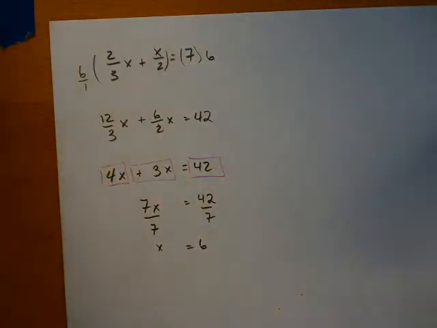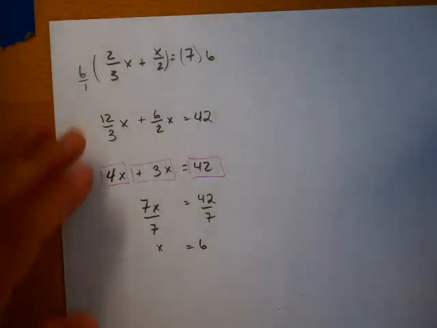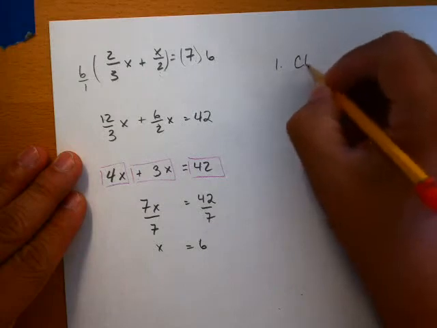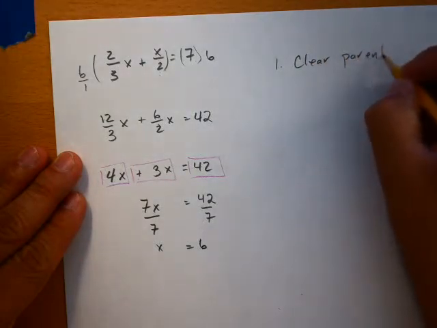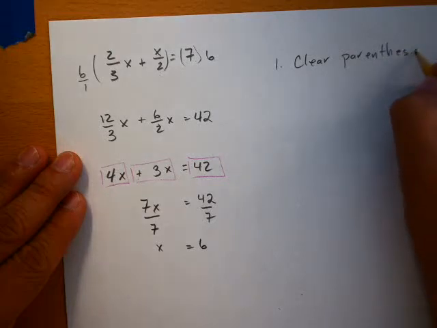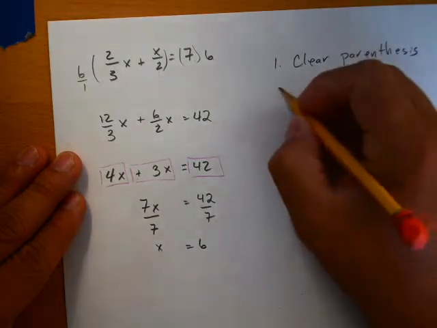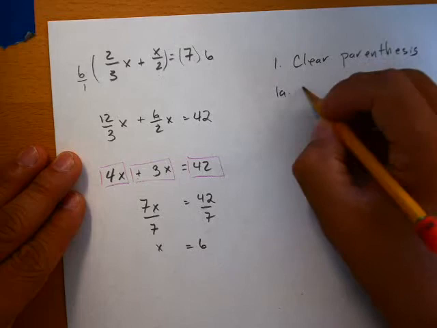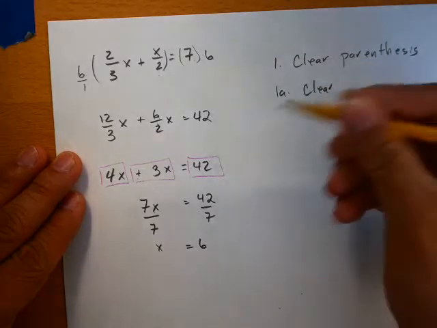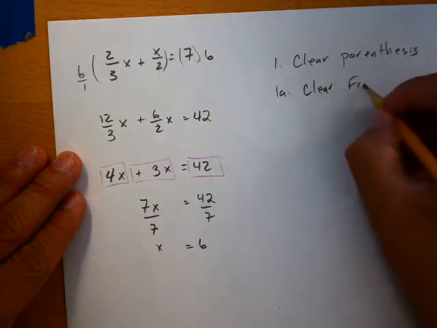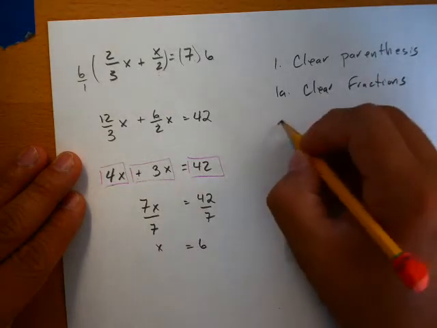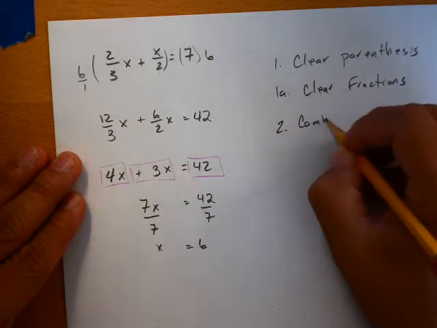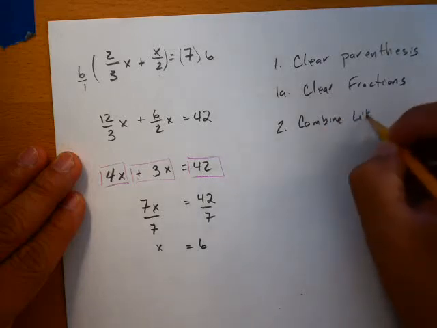Okay? So let's just reiterate what our strategies are. 1, we are going to clear parentheses on our problems. 1a, we're going to clear those fractions too. After we do that, we are going to combine like terms.